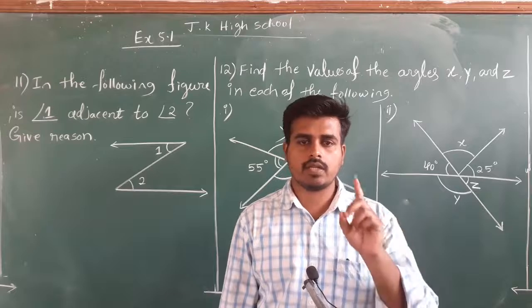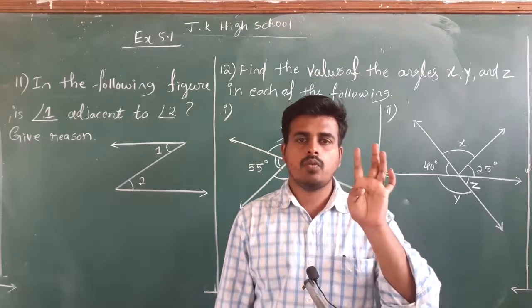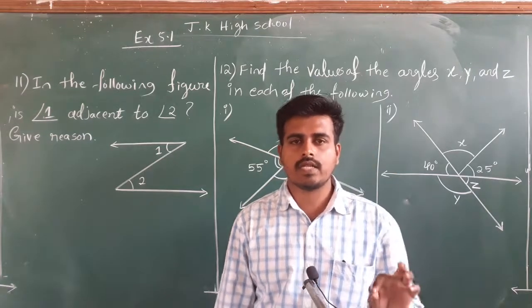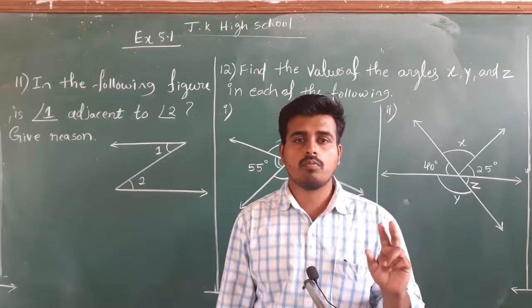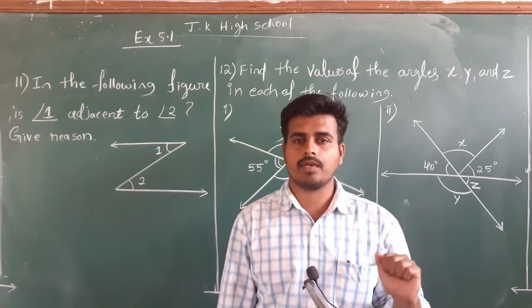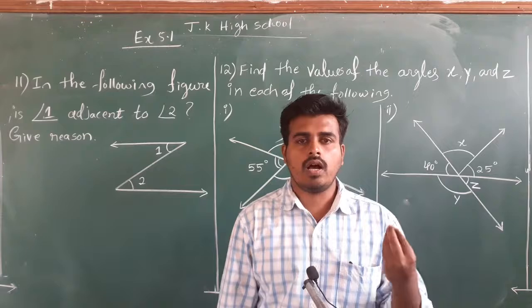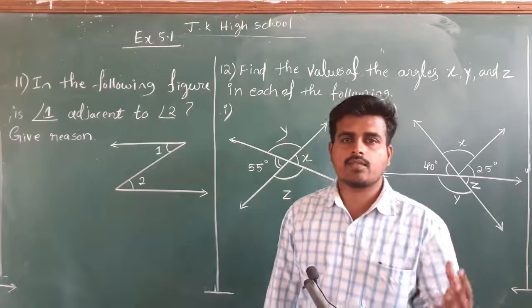Second condition: both should have a common arm. Third condition: that common arm must be between the two non-common arms. The two angles that meet these three conditions are called adjacent angles. Let's examine.